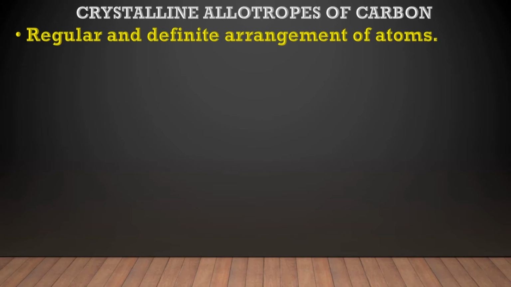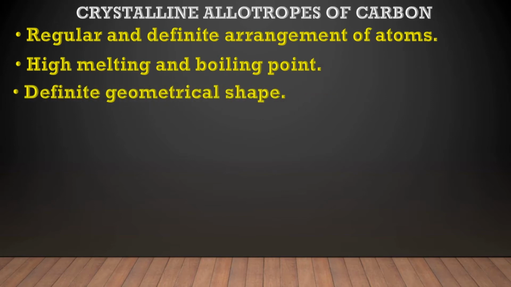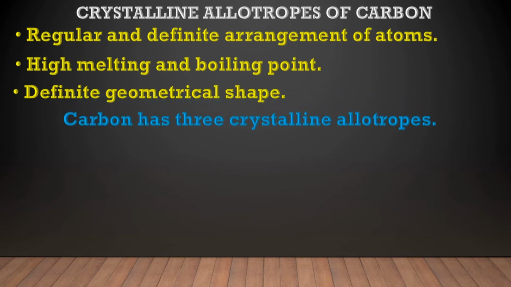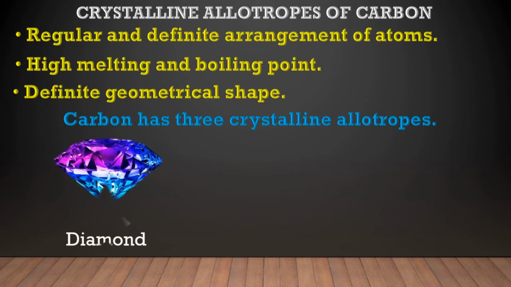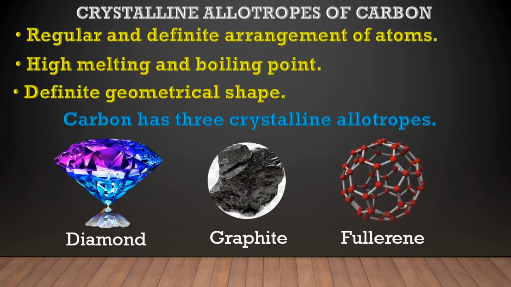Also, they have high melting and boiling points. A crystalline form of carbon has a definite geometrical shape, sharp edges, and plane surfaces. Carbon has three crystalline allotropes, namely diamond, graphite, and fullerene. So let us know about all these crystalline allotropes in detail.